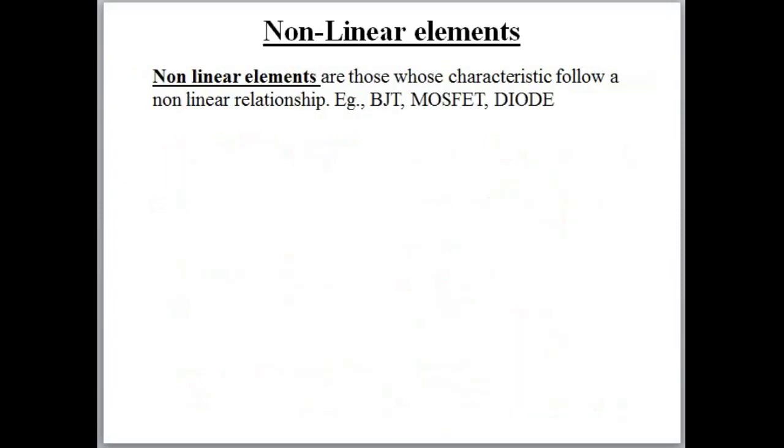Now what are non-linear elements? Non-linear elements are those whose characteristics follow a non-linear relationship. In a BJT, you remember BJT characteristics? You may have studied it in your diploma. The BJT characteristics are like this. This region is called the saturation region.